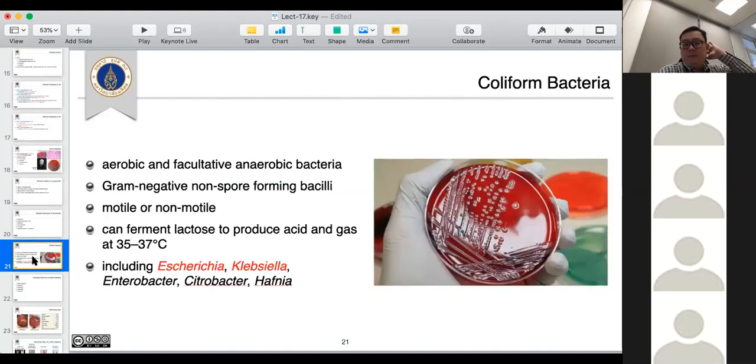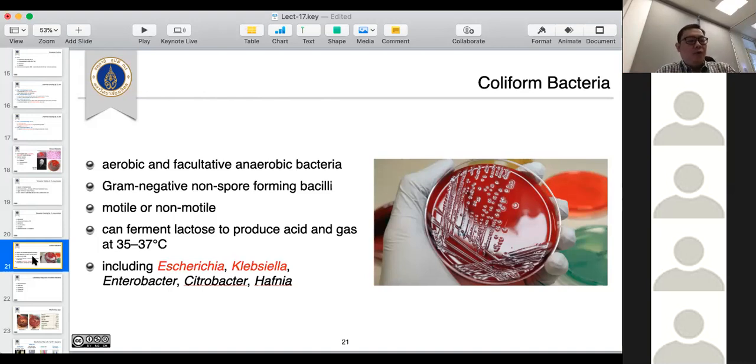When we talk about E. coli and Klebsiella, we probably need to talk about coliform bacteria. Coliform bacteria refer to bacteria that contaminate water, or contaminants that come from stool. This is very important: coliform bacteria are used as a marker for hygiene.